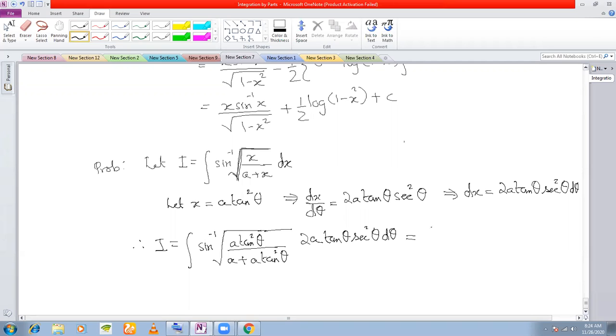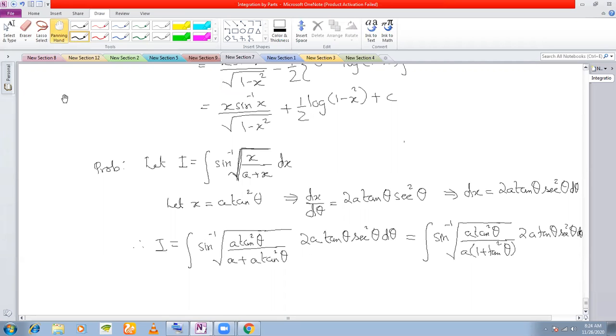So now let's see what happens. Let us simplify this. Integral sine inverse root over of this becomes a tan square theta, and this becomes a into 1 plus tan square theta, into 2a tan theta sec square theta d theta.